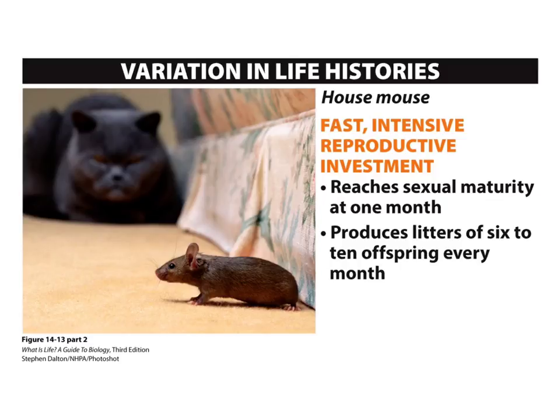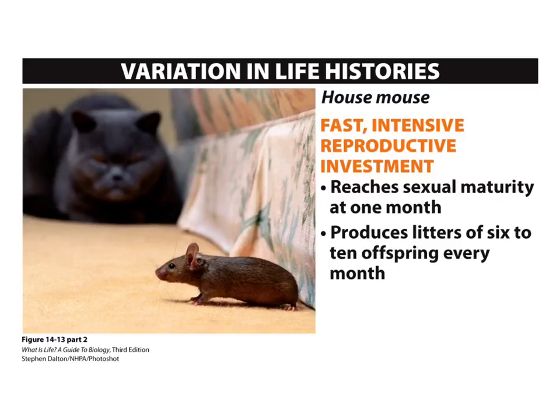The second life history strategy is fast, intensive reproductive investment. These animals reach sexual maturity at a fairly young age. They then produce many litters over a short time frame. A good example of this is the house mouse. These animals reach sexual maturity at about 1 month of age.